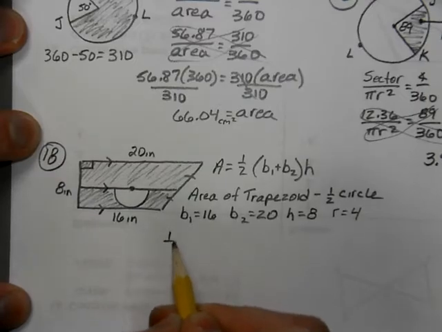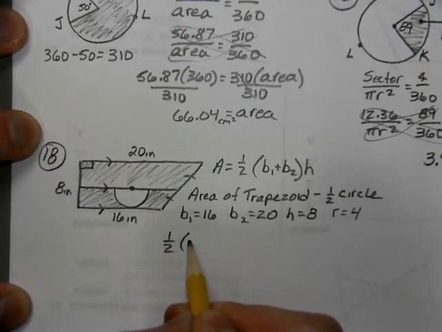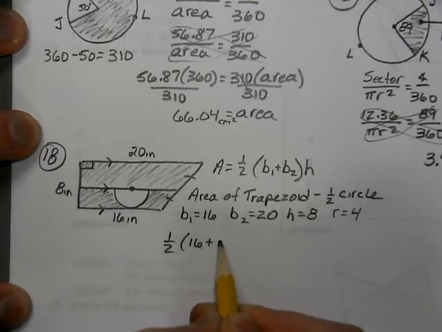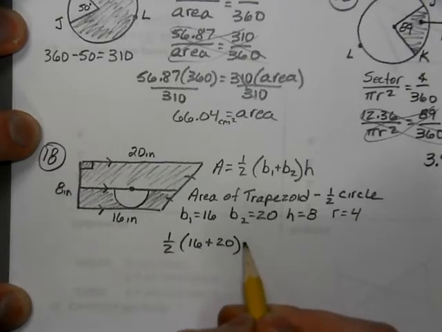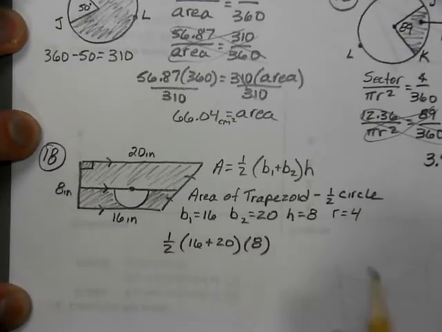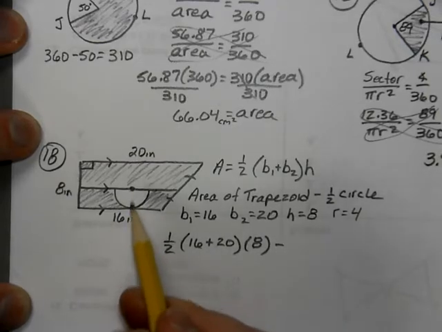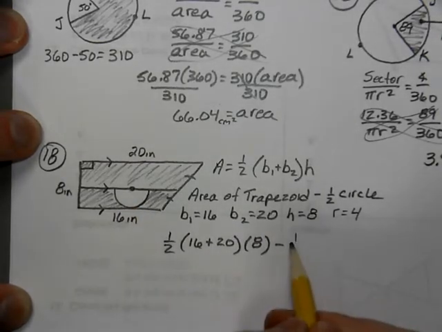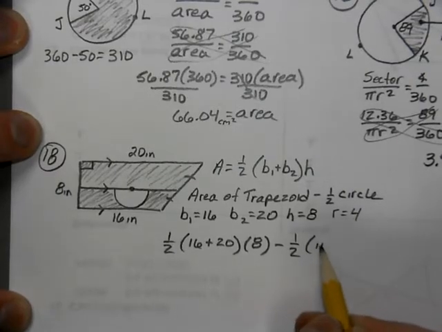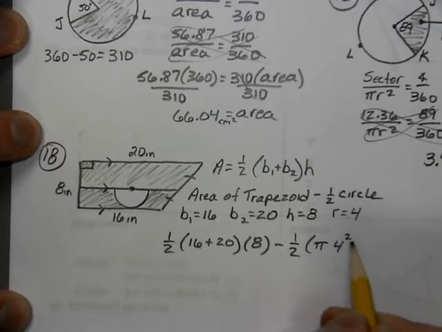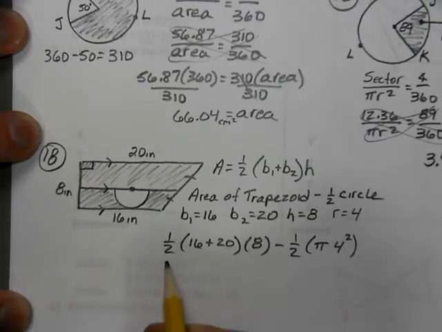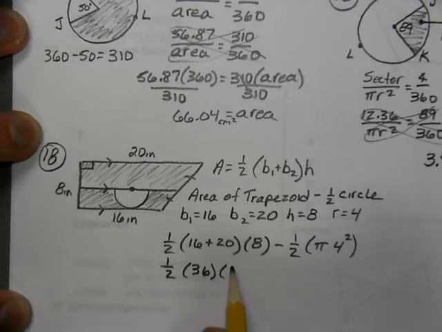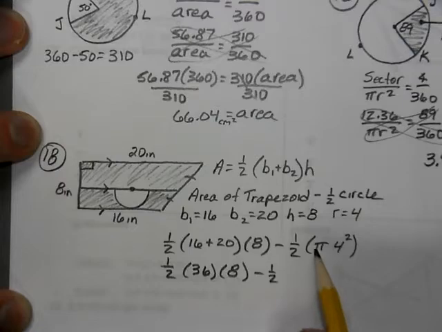So I'm going to take half of 16 plus 20 times the height, which is 8, minus, we only have half a circle, we don't have a full circle, so it's half of pi r squared. Well, that comes out to be half of 36 times 8 minus half of 16 pi.